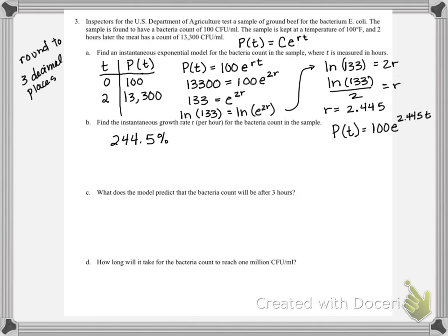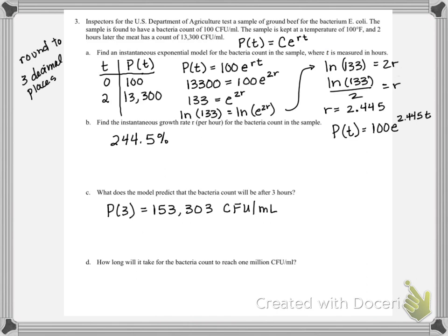And then for C, we have P of 3, which is what? Anybody get that far? 153,302.778. 302 point, so like 303 works, okay. And that's in CFU per milliliter.